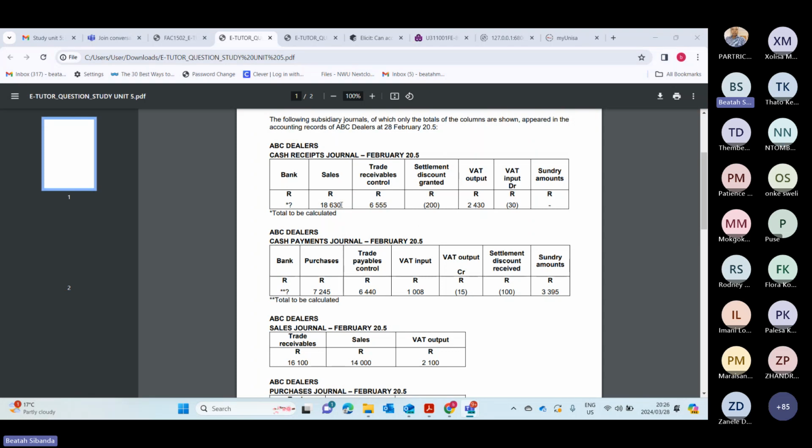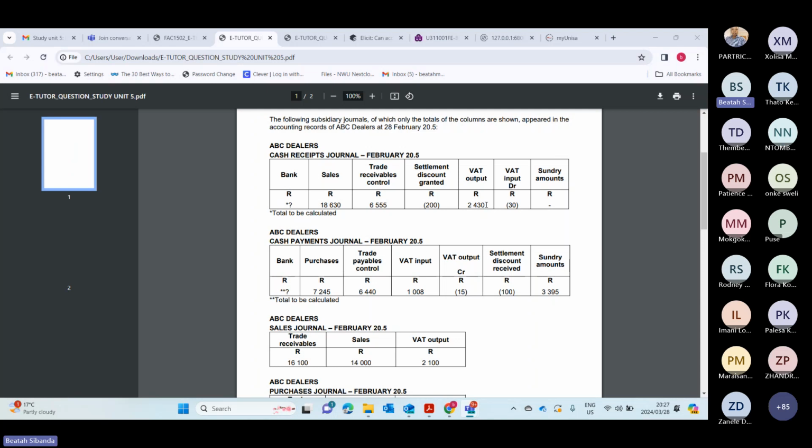So ideally, this amount must be exclusive of VAT, such that when you add this amount and this amount, you get the two amounts. If you take a calculator and calculate VAT on this amount, you are going to get this 2,430. I think someone calculated.